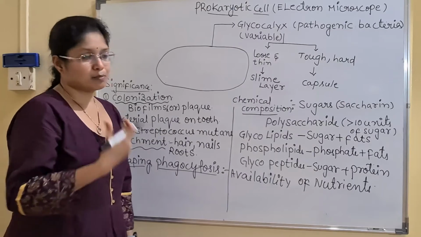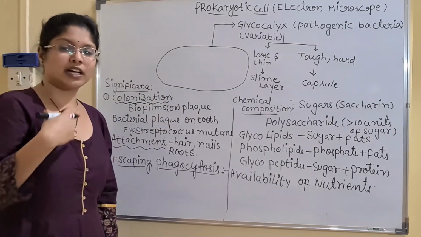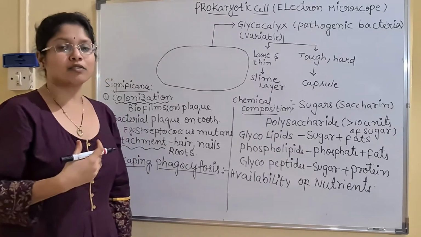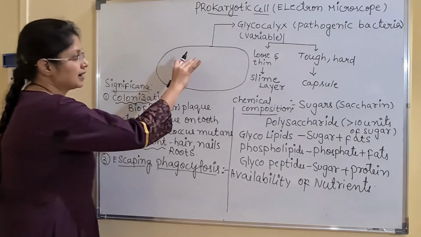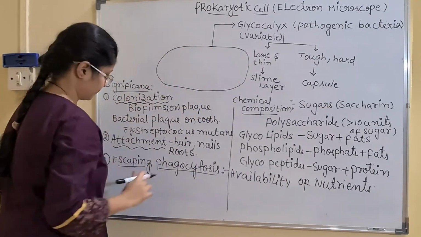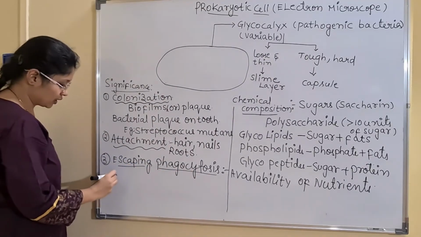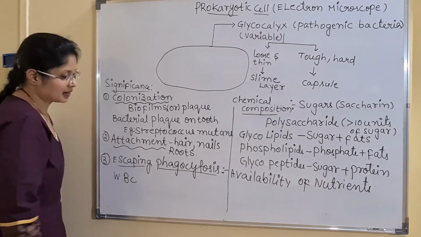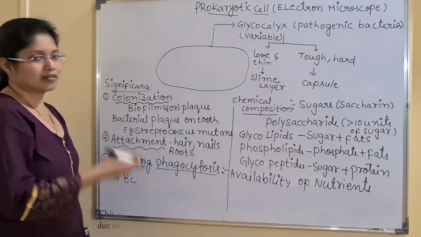Without the exposing of the cell surface, we cannot create any response and cannot show any kind of immunity against it. So in that way, it hides the bacterium inside with an extra layer. Thus, it will escape phagocytosis. Mainly we know WBC cells participate in phagocytosis and immune reactions. That we will see later.